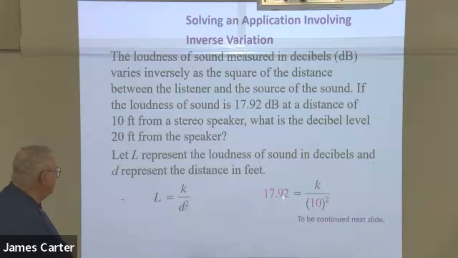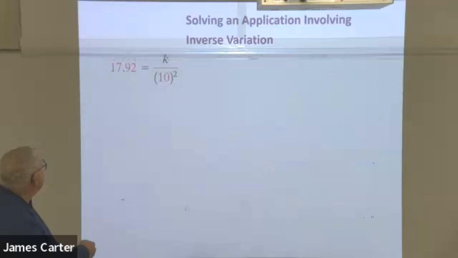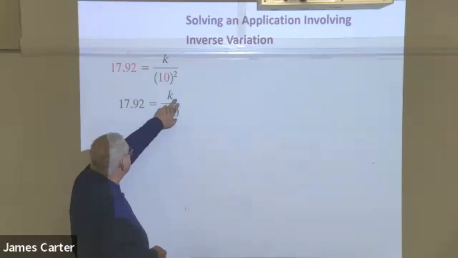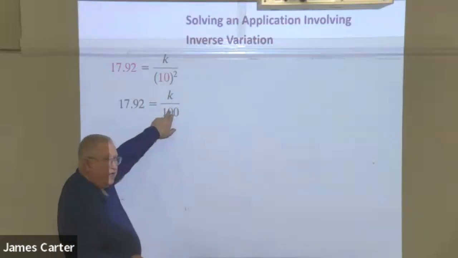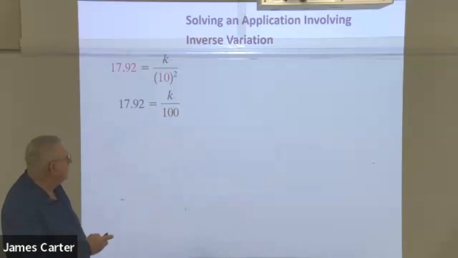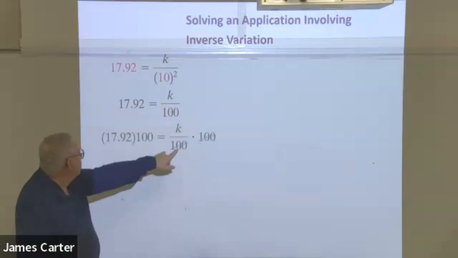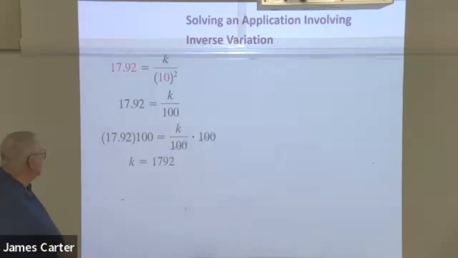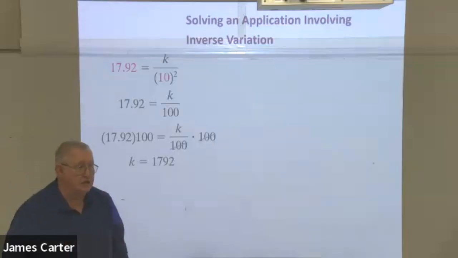So anyway, we put in the numbers they give us. And this time, first we changed this to 100. Now, instead of dividing both sides by 100, we're going to multiply both sides by 100. Those two cancel, and over here, I end up getting that many decibels, and that is loud.